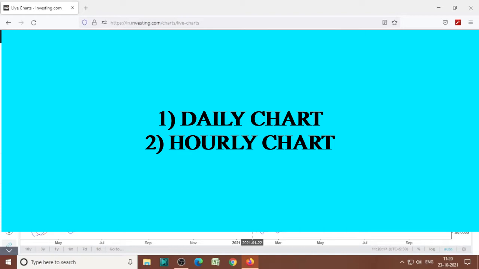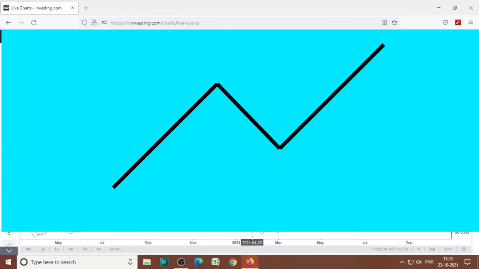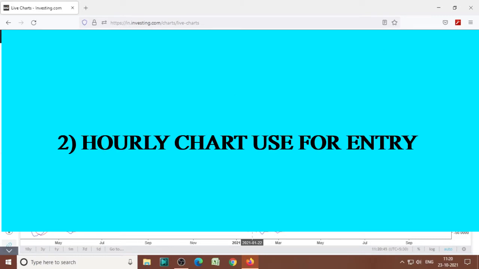We use the daily time frame chart as the higher time frame chart to find the trend. If there is an uptrend in the daily time frame chart, we will only take a long trade. The second chart is the hourly time frame chart, which we use as the entry time frame chart.